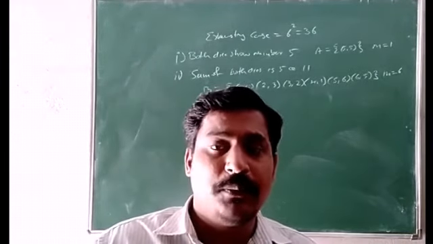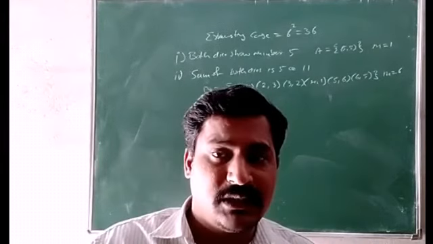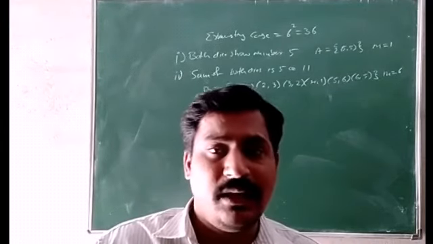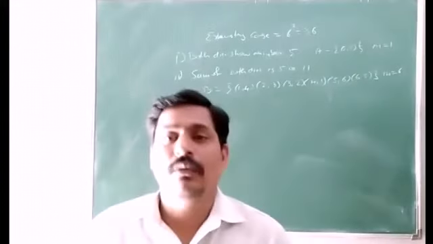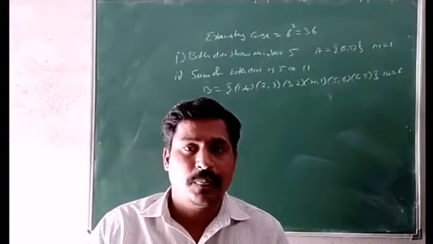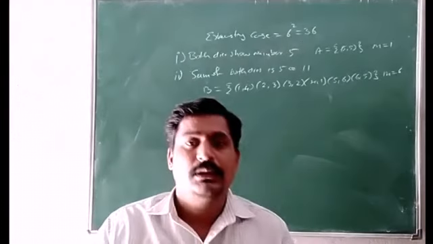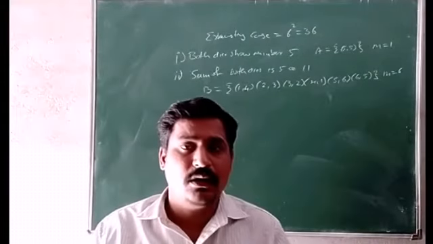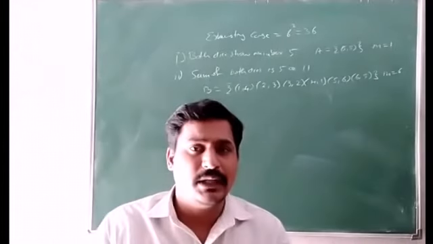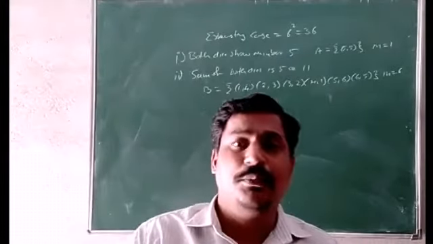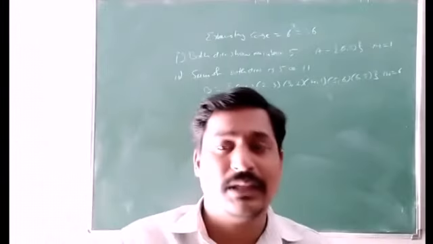So up to 12, 4 chances are there: 3, 6, 9 and 12. Which outcomes will give you total 3 or 6 or 9 or 12? 12 will be given by only one option, that is 6 and 6. Both dice turn up 6.